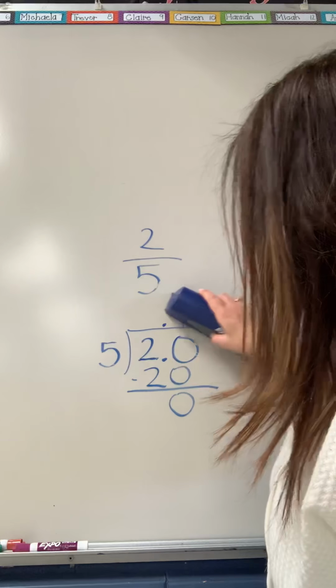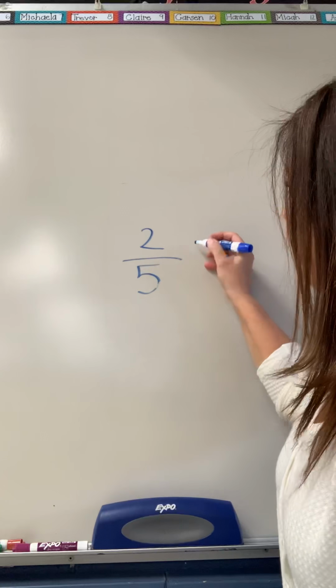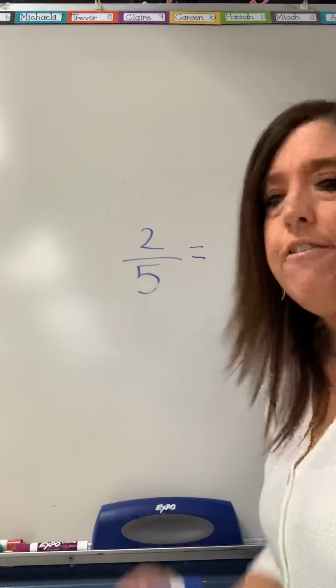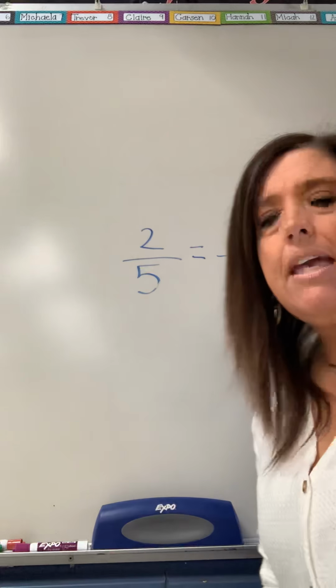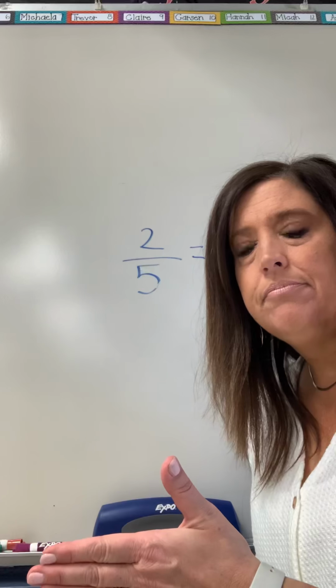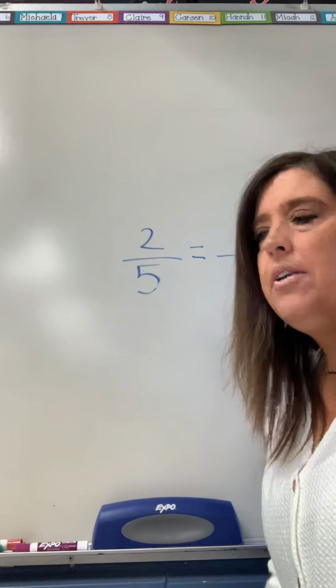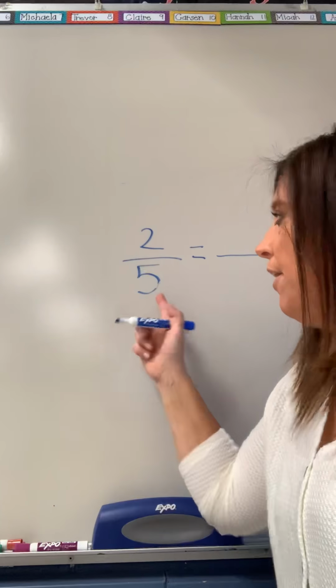Another way you can do it, this is one of the ways that your book tells you, is let's make an equivalent fraction. Equivalent means equal. Well, can you think of a place value column that you could put as your denominator here that would be a multiple of 5?